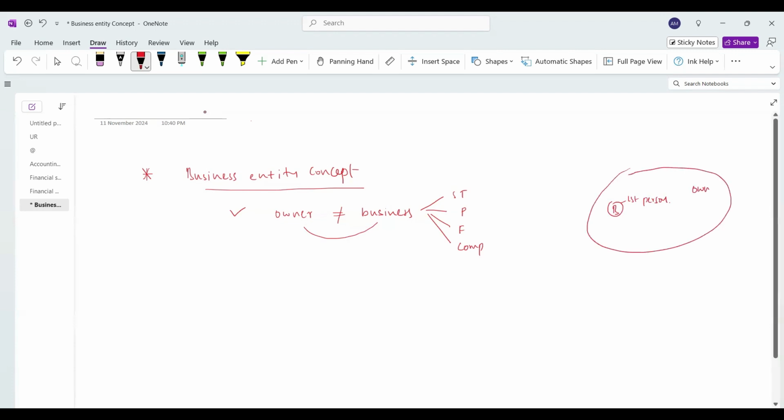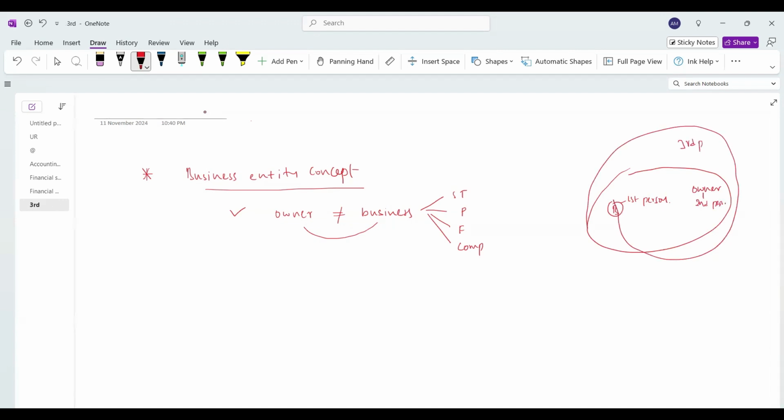Owner is treated as the second person. Any other who is interacting with the business is third person. It might be supplier, it might be customer, it might be employees, it might be government entities.